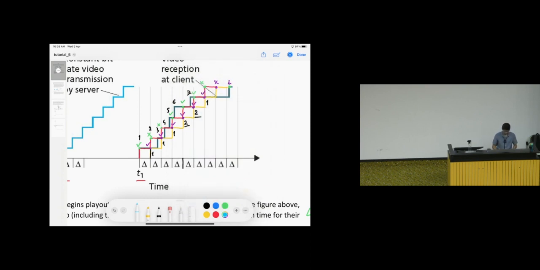So the only block that couldn't be played in question B was the last block, right? For me to play the last block, my playout for it should be later than when it arrived. So I must play it here on the right top. If I work backwards from here, I'm going to get the right playout.